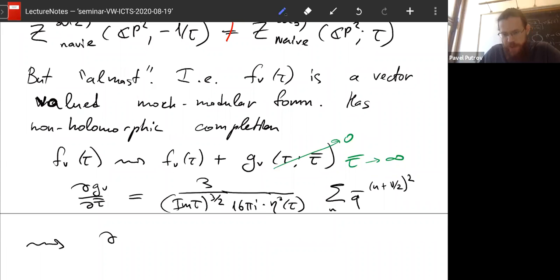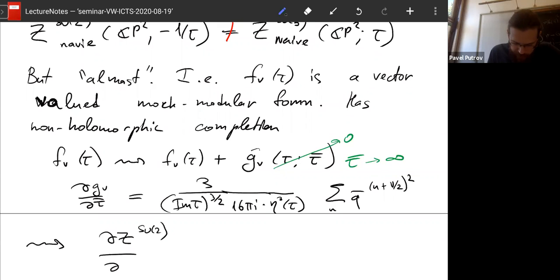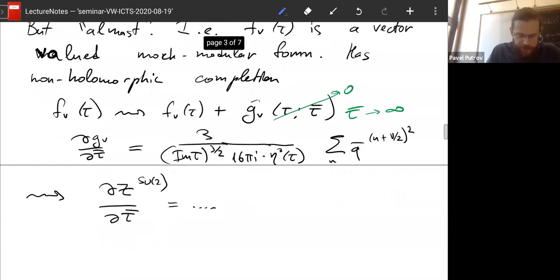Since we know the derivatives of these G_V additions, if you assume this, this gives us a prediction for what should be the derivative of, in particular, the SU2 partition function with respect to tau bar. It gives us a prediction.